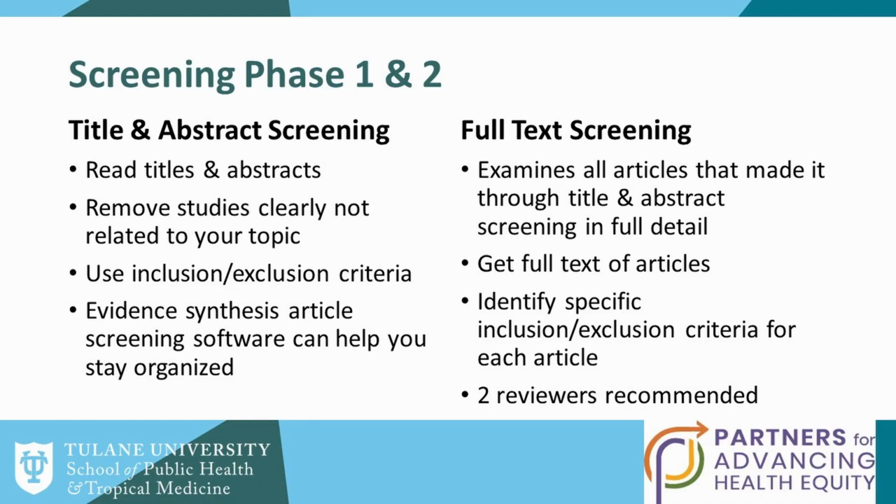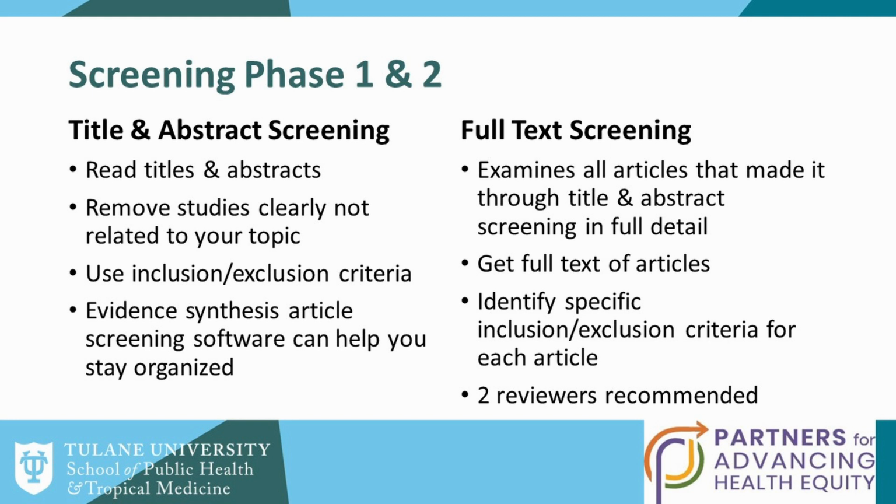And so full text screening is obviously everything that you said yes to in the title and abstract screening. That is when you pull the full text of the articles, and using that same inclusion-exclusion criteria, you really go through each article with a fine-tooth comb.